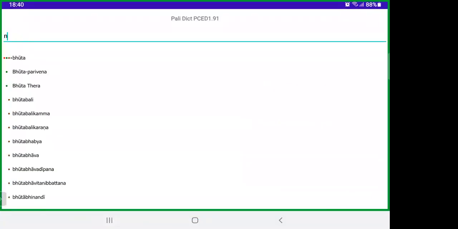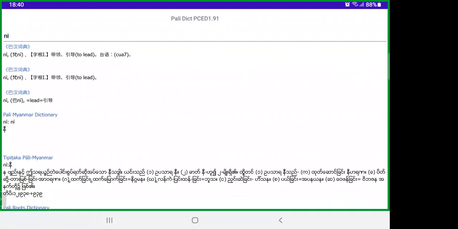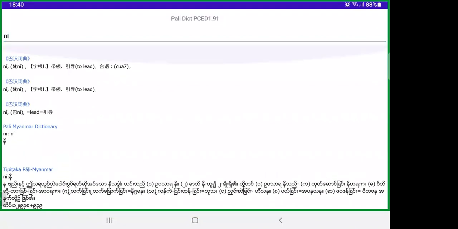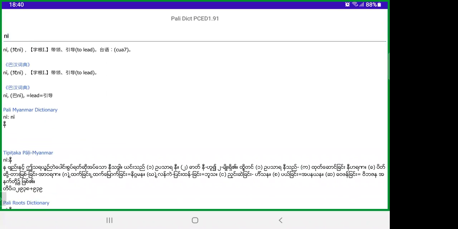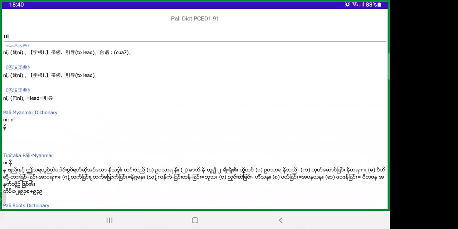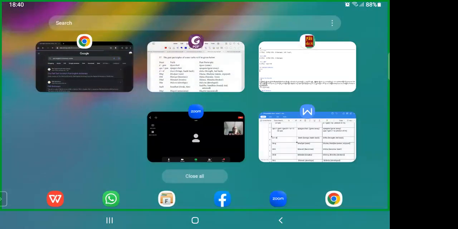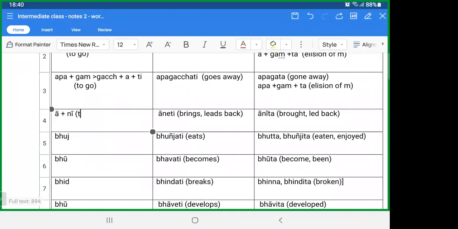This dictionary is very good because you can even check the root by itself. Okay, ni, see, to lead, right? And you don't need to worry if it's short i or long i. It's the same, ni, to lead.